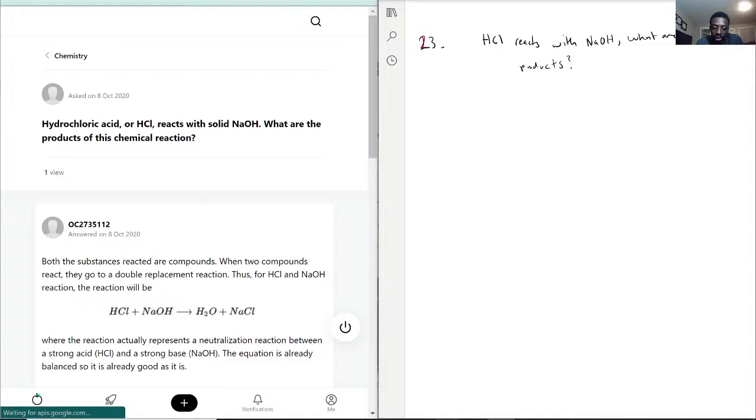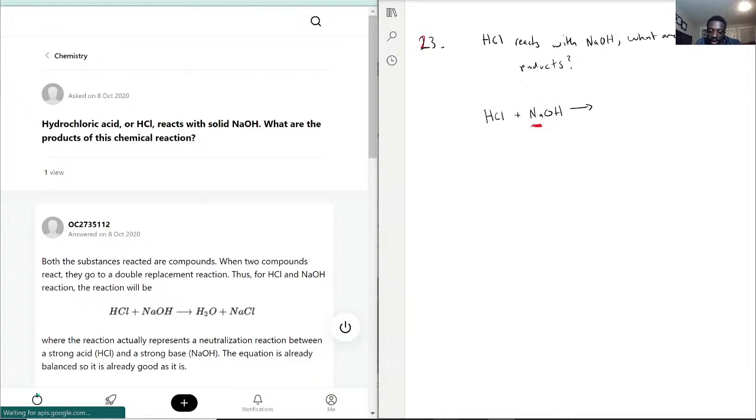Okay, so this one is going to be a double substitution. That's what these are called. Single substitution is when only one side is replaced, but for this one, think of it this way. So HCl plus NaOH, what does that turn into? It's going to be tricky here.